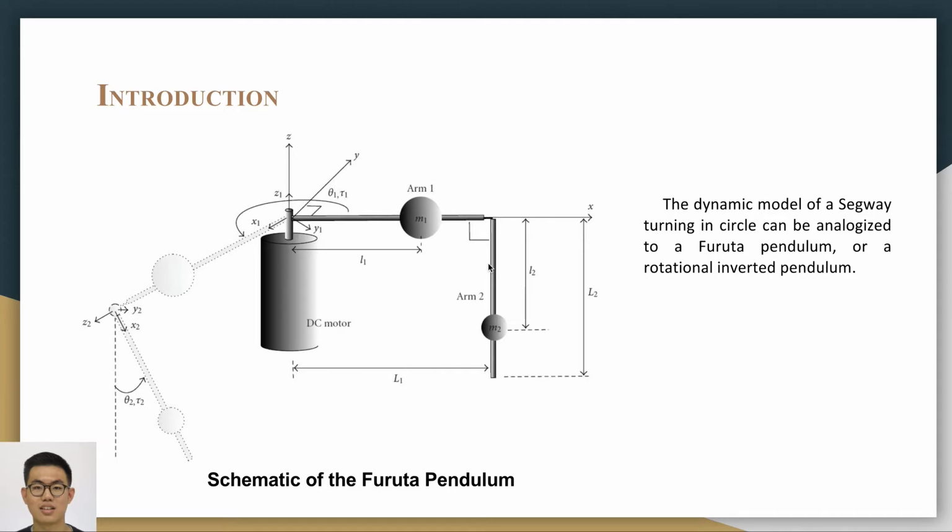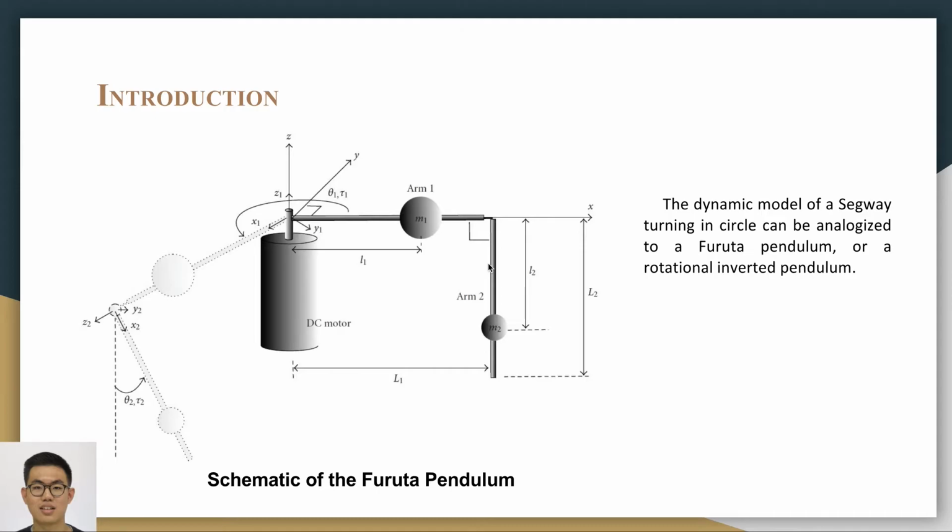The dynamic model of a Segway turning circle can be simplified into a Furuta pendulum, or a rotational inverted pendulum. The Furuta pendulum was first introduced by Furuta at the Tokyo Institute of Technology. The Segway model can be derived from this model.